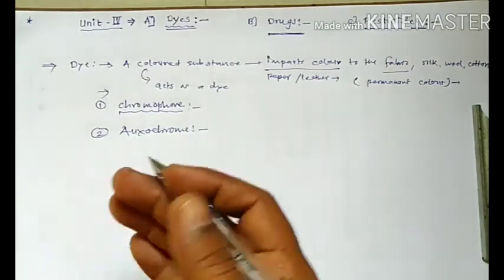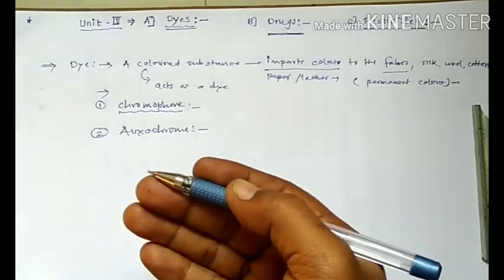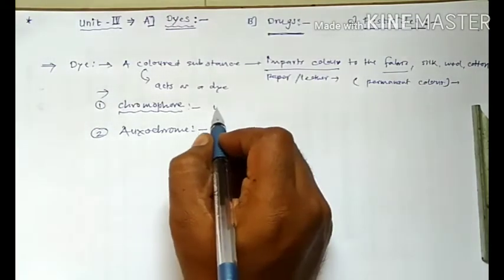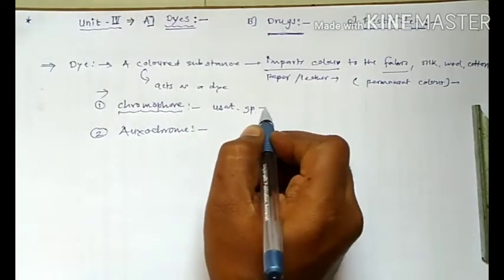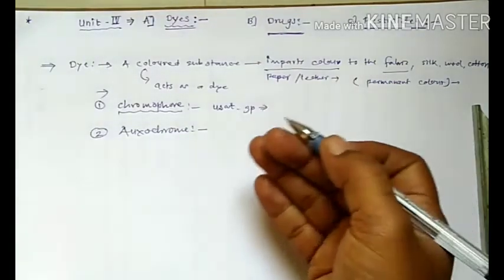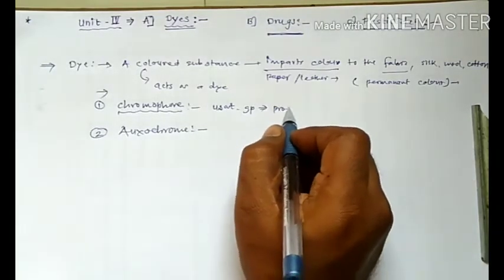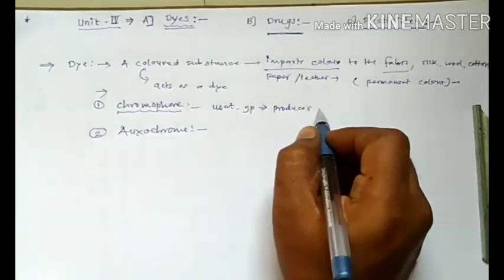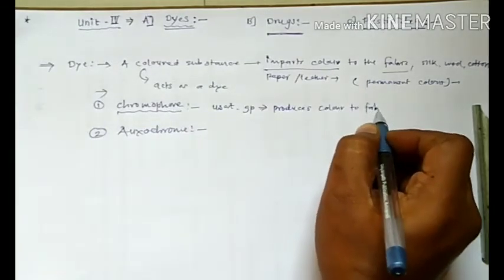Chromophores are the unsaturated groups which are responsible for producing color in a dye. Unsaturated group means a group containing a double bond, which produces color in the fabric.